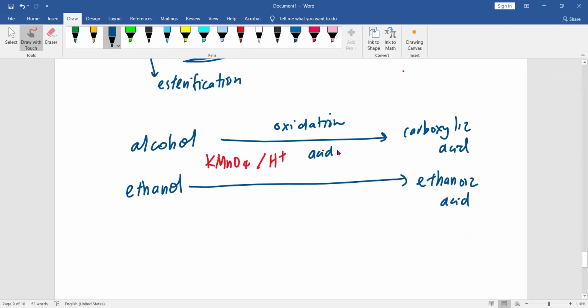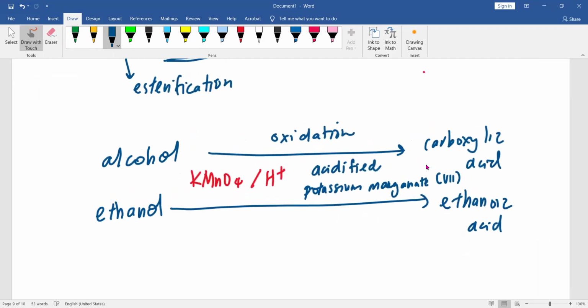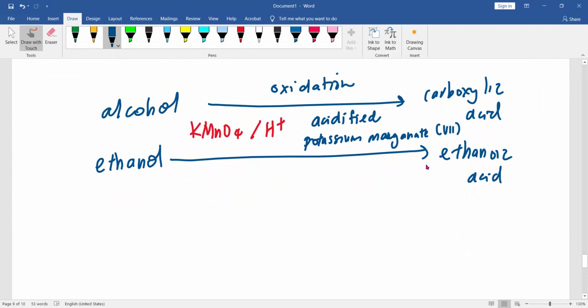Purple to colorless. Acidified potassium manganate(VII). It changes from purple to colorless. Can remember that? Purple to colorless.